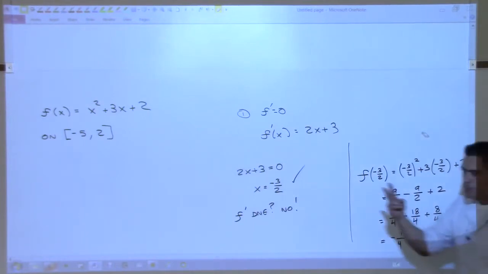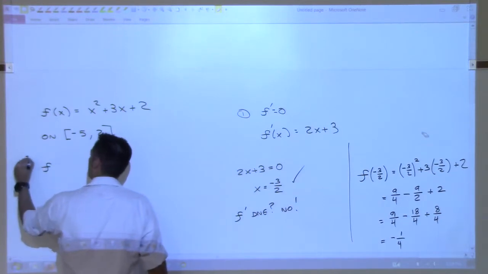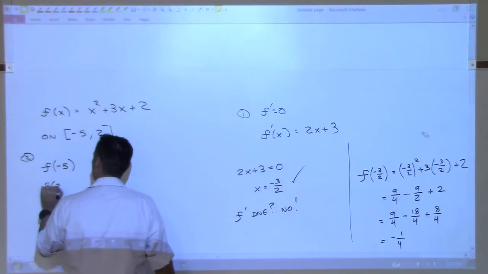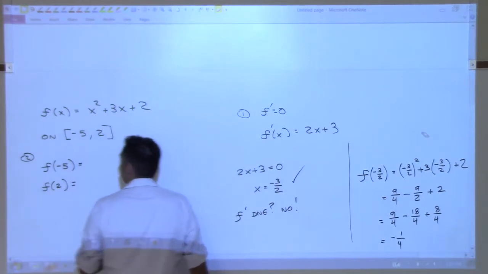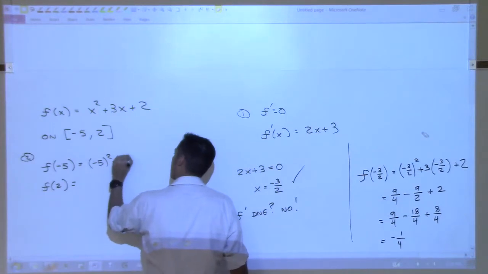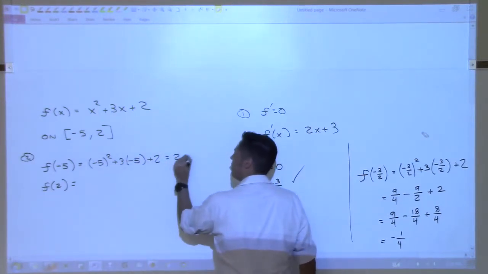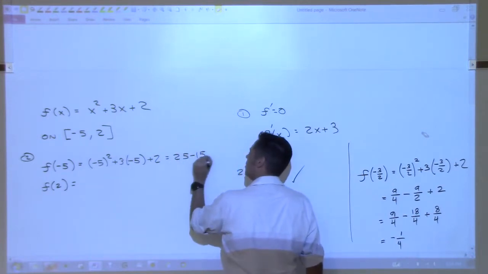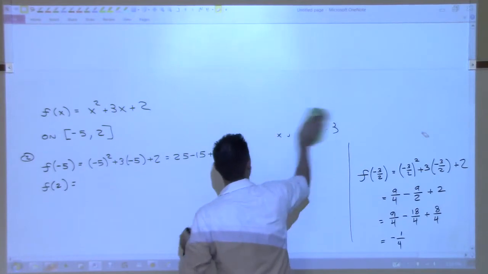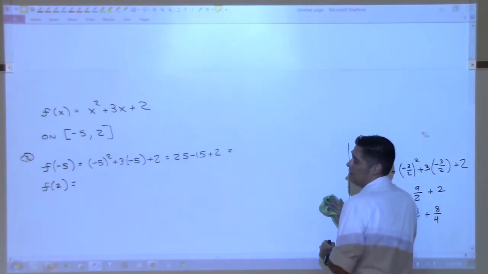Okay? Step 2, I have to plug the endpoints in. So f of negative 5, f of 2. Let's do that. Negative 5 in there, squared, plus 3 times negative 5 plus 2. So 25 minus 15 plus 2, which is 15?